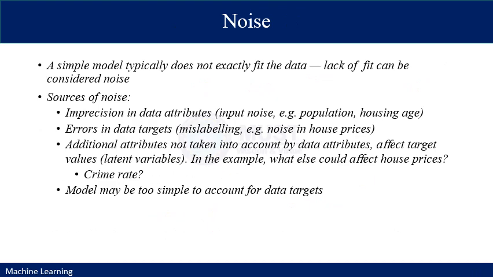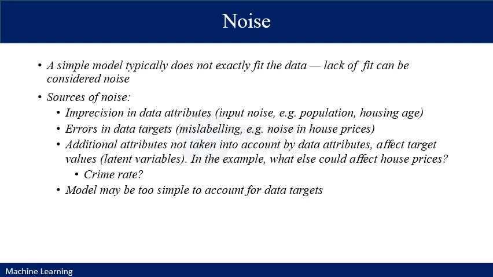However, this prediction may be corrupted with some noise. A simple model typically does not exactly fit the data, and the lack of fit is because of noise. There can be different sources of noise. For example, there can be an imprecision in the data attributes.